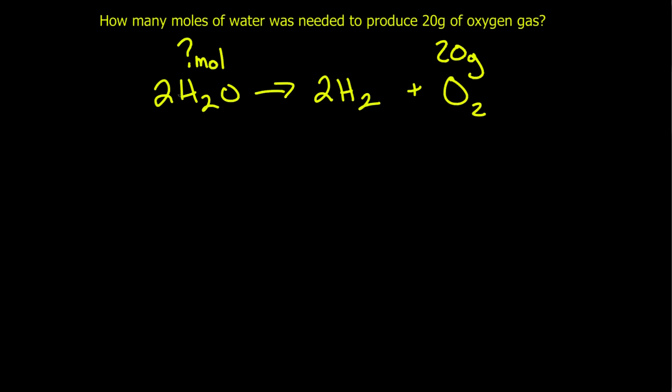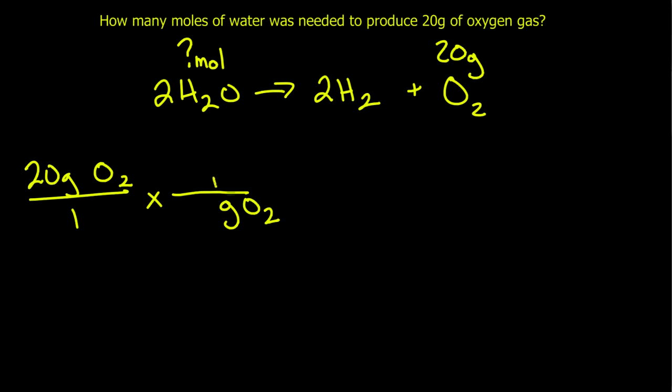So let's set up our dimensional analysis. So I got 20 grams of O2. Now I need to convert that to moles of water. So first thing I got to do is convert grams of oxygen to moles of oxygen. So set up your ratio for that. So since grams of oxygen on top, I want grams of oxygen on bottom, and I want to change it to moles of oxygen.